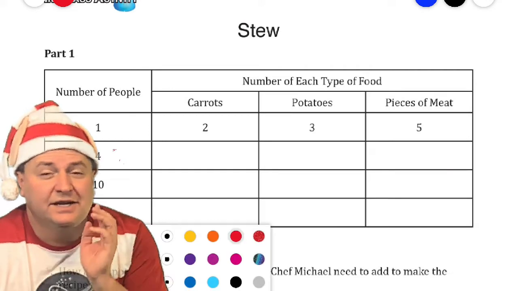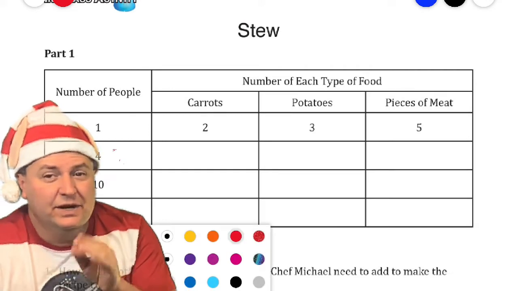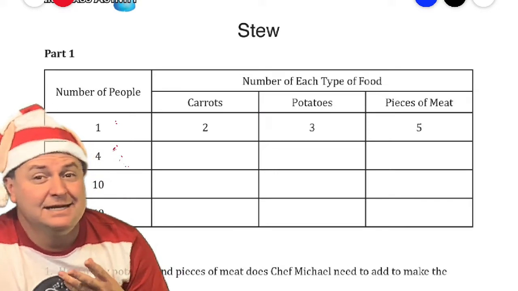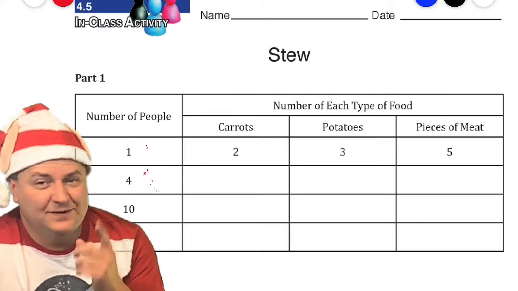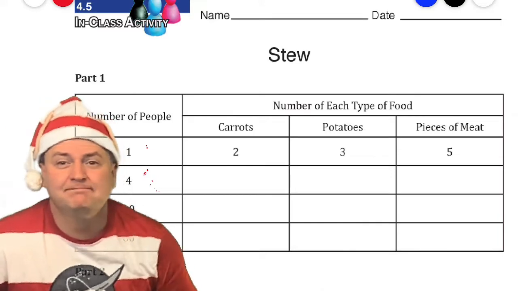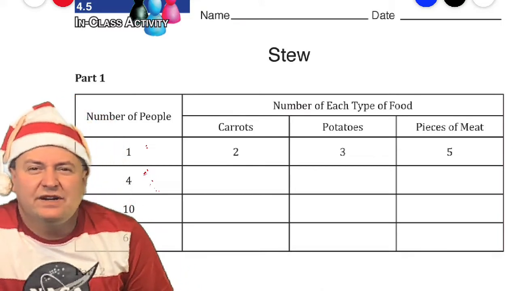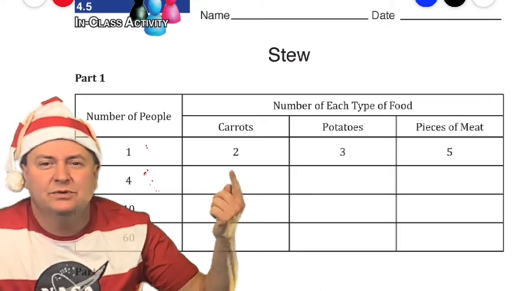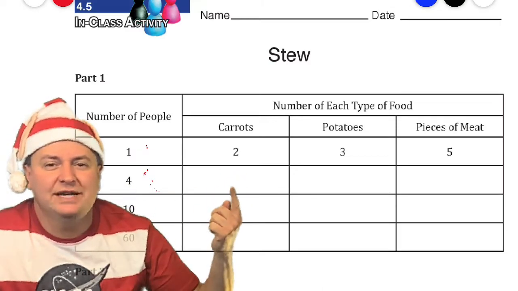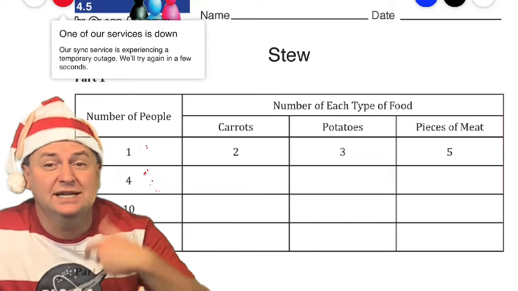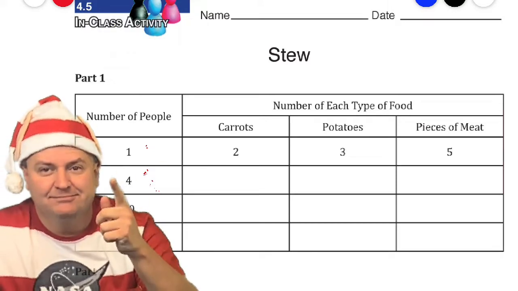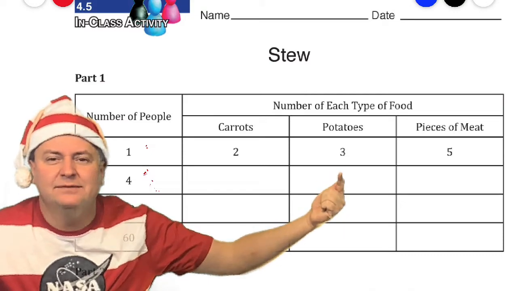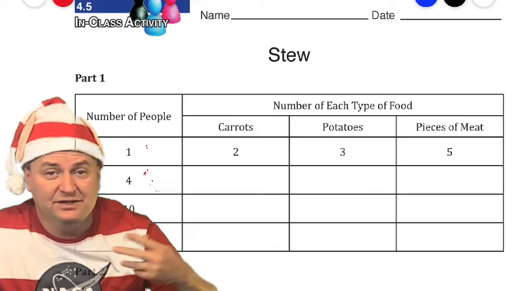Okay, if you know it, go ahead and discuss with your neighbor for about 2 seconds. All right, yes. Heard some very interesting things there. So, if you were doing 4, you would times 4 times 2 to find out how many carrots. 4 times 2 is 8. 4 times 3, that's going to be the answer for potatoes.